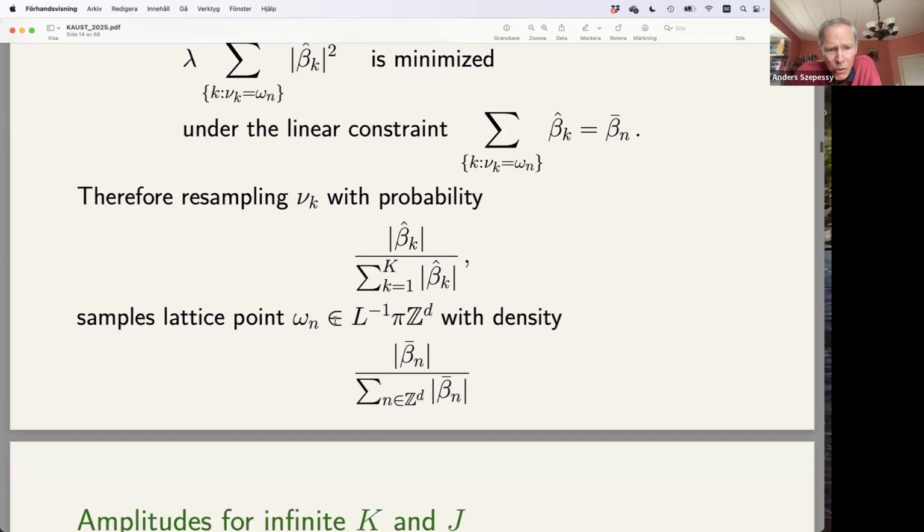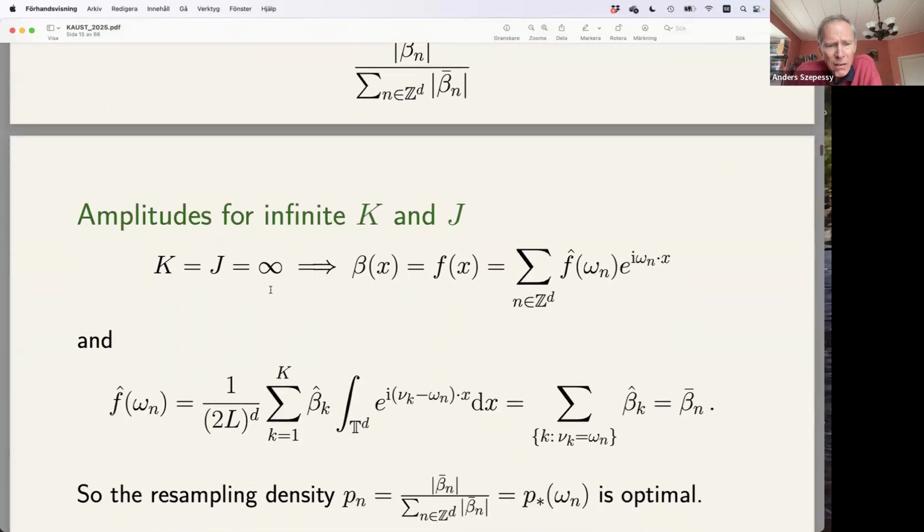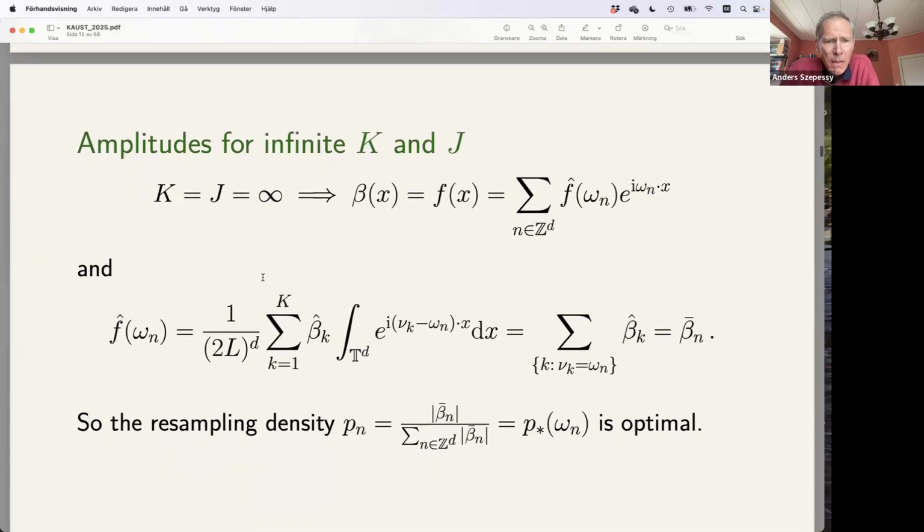where for each lattice point one would like to have this density. So why does one want that density? That will be described soon in the proof, but suppose first, so that it is consistent, that we have an infinite number of nodes and data points, then the neural network will be equal to the intended function, and we have this Fourier series representation.